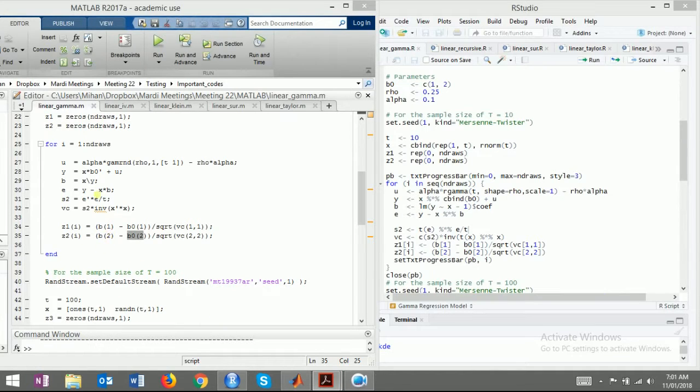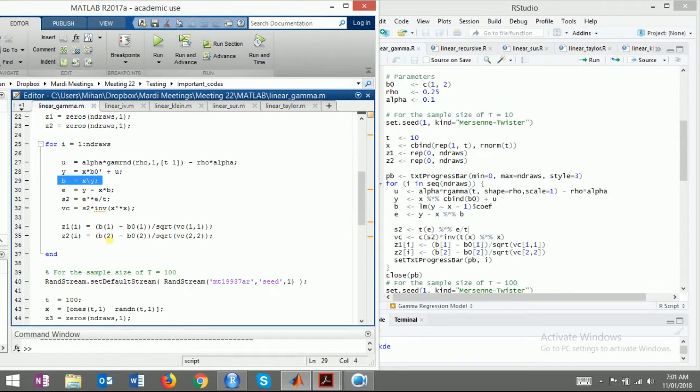And b1 and b2 come from the loop when we are doing the first element and the second element of the regression, divided by the square root of the first row, first column, and second row, second column. So the diagonal elements of the variance covariance matrix, the first and the second diagonal element, which is the standard error actually.